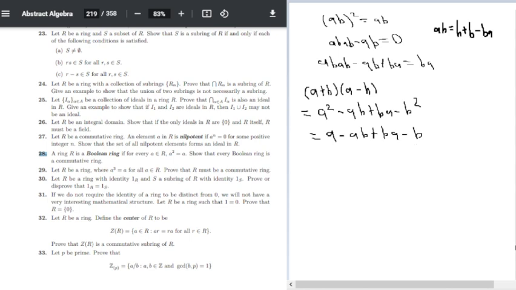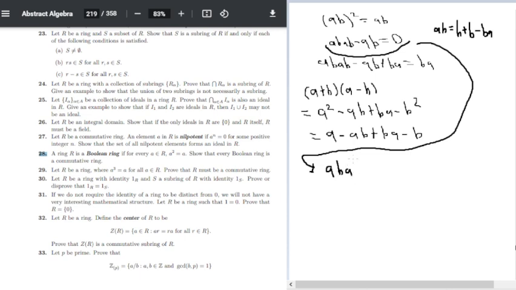Like, the more I try to prove this, the more it looks wrong. So we have that. And so taking this thing over here and moving it over, we have that AB.